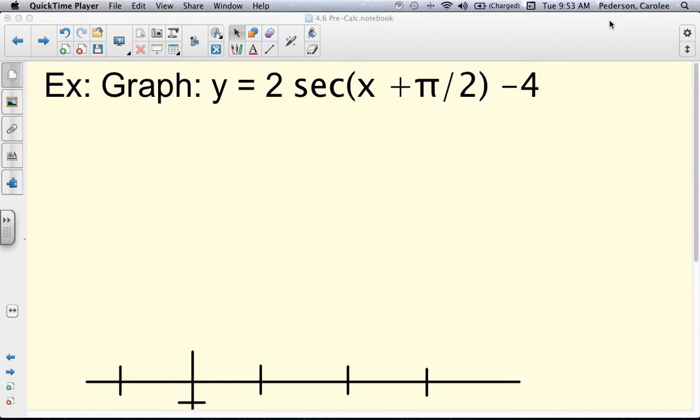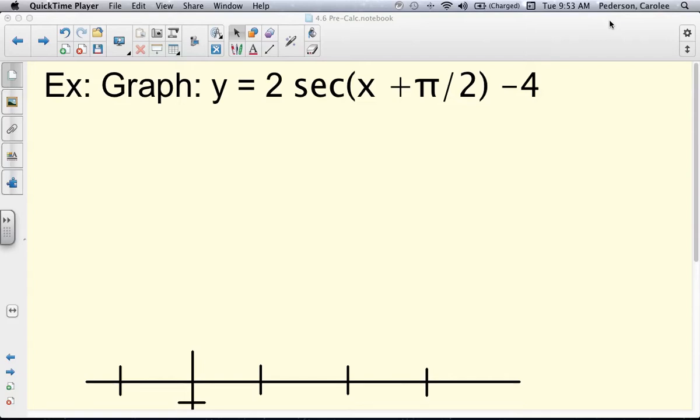So before we go and graph that secant function, we want to graph its inverse function. What would be the inverse function of this? Cosine.